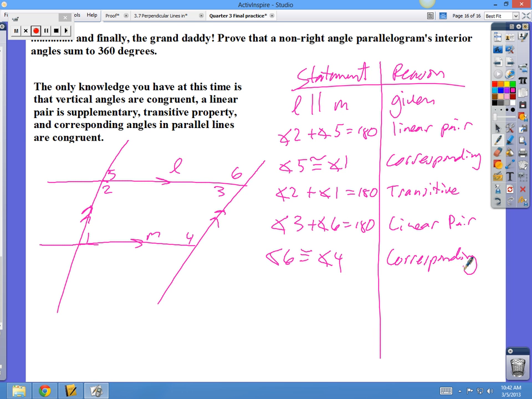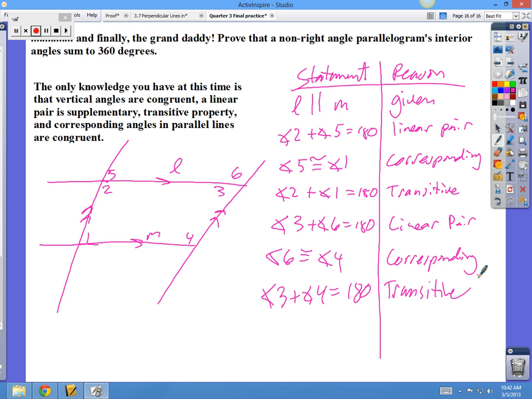So if 6 and 4 are equal, now what can I say? I can say that angle 3 plus angle 4 must equal 180 because of the transitive property.